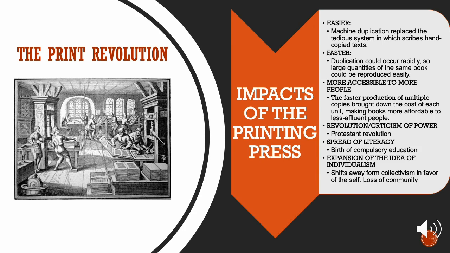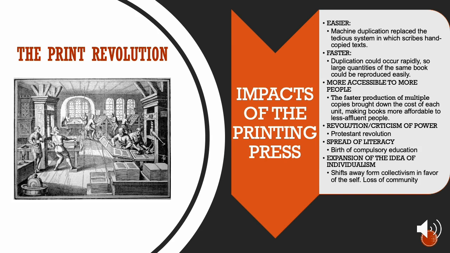That means that the people who have access to that information and who then disseminate that information have quite a lot of power, compared to what happens when you suddenly have this easier, faster, and more accessible model of people being able to get information and share that information. A book can be passed around hand to hand. People become more literate.